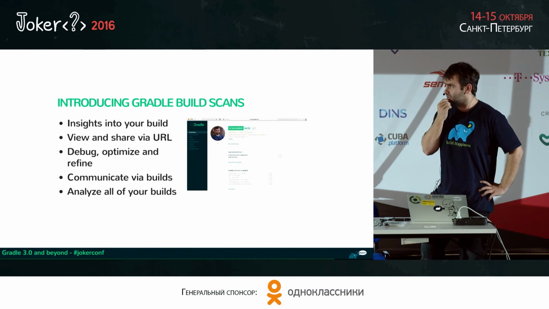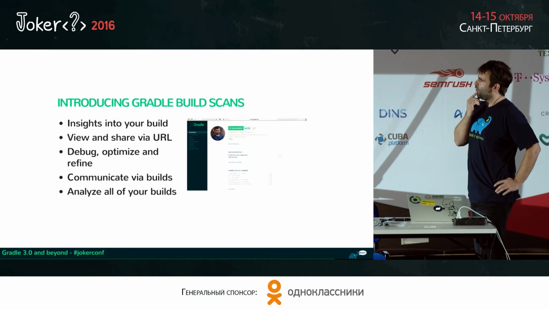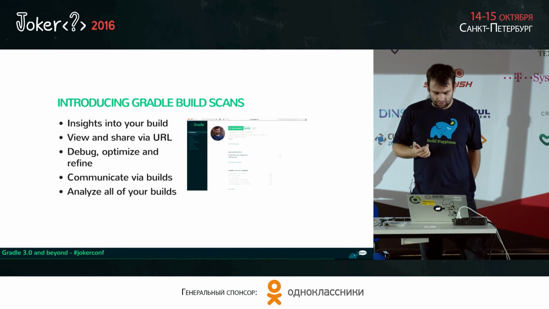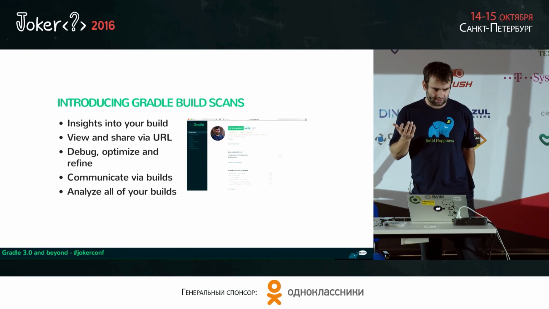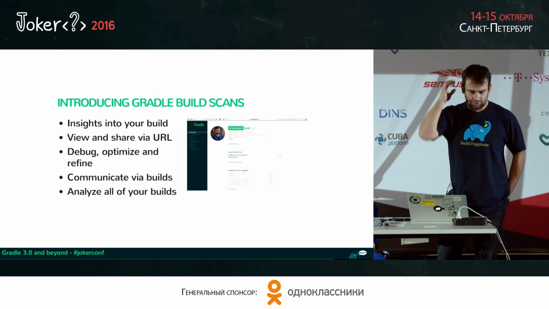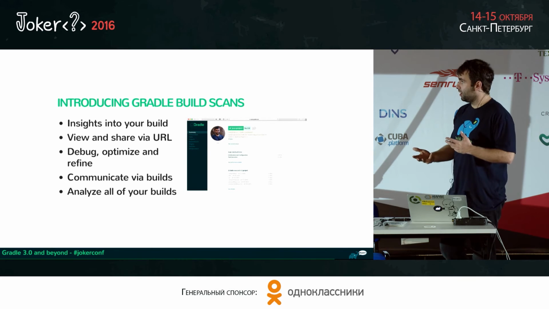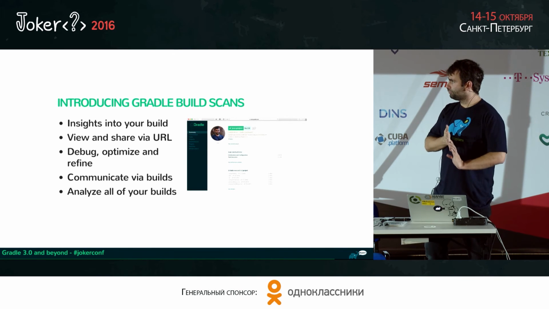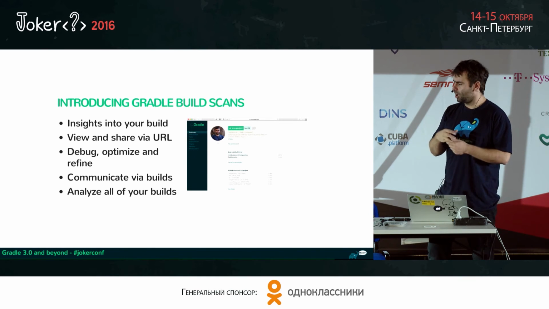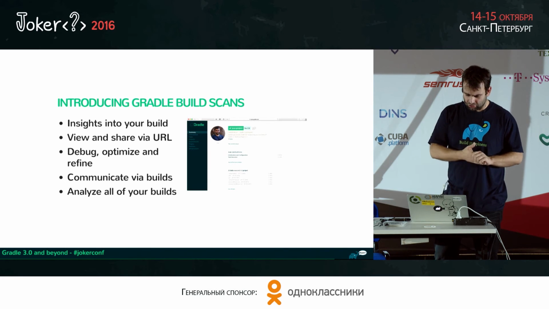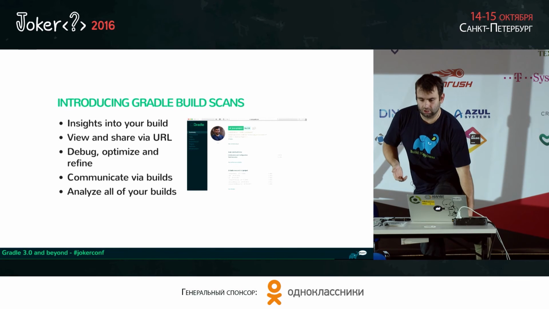And for that, we started to work on what we call Gradle build scans. It's a cloud service that gives insight into your build. You can view and share it using a URL that does not change. You can optimize, debug. It gives you further information about your build. And you can use builds as a communication tool.